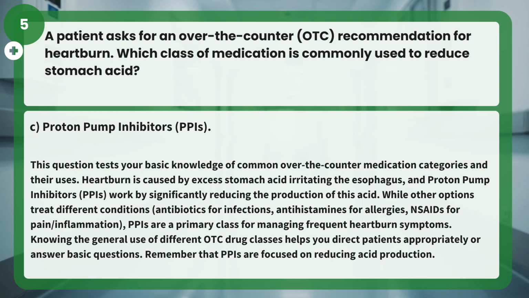While other options treat different conditions, antibiotics for infections, antihistamines for allergies, NSAIDs for pain and inflammation, PPIs are a primary class for managing frequent heartburn symptoms. Knowing the general use of different OTC drug classes helps you direct patients appropriately or answer basic questions. Remember that PPIs are focused on reducing acid production.